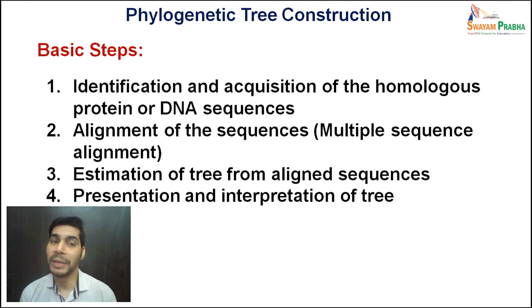So it will lead to multiple sequence alignment as compared to pairwise alignment, which is also there when we compare 2 sequences only. Then once we compare these, we estimate the tree from the aligned sequences. So we hypothesize their relationship in the form of a tree. And then finally we present the tree and interpret the interrelationships of the various taxa which are present.